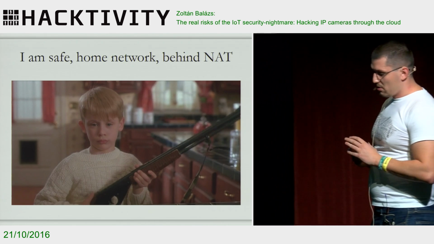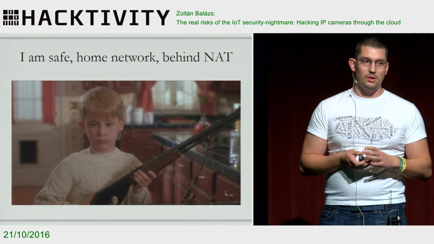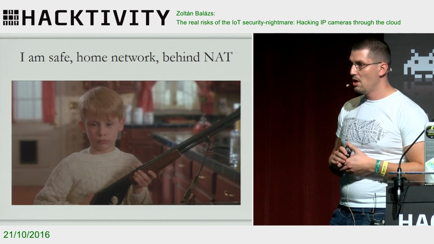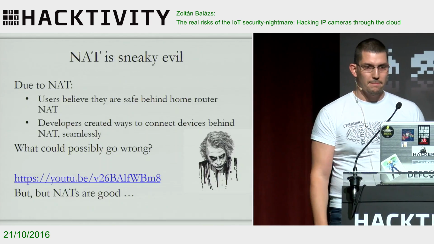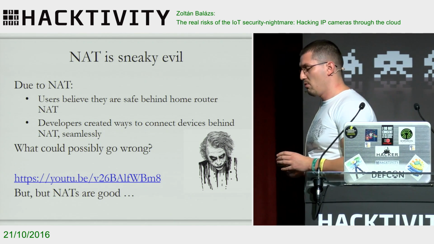The very next important topic is: I am safe because I'm in my home network, and it is behind NAT, network address translation, so people cannot connect to my devices directly. That's good, right? Well, unfortunately, I think NAT is the sneaky evil.